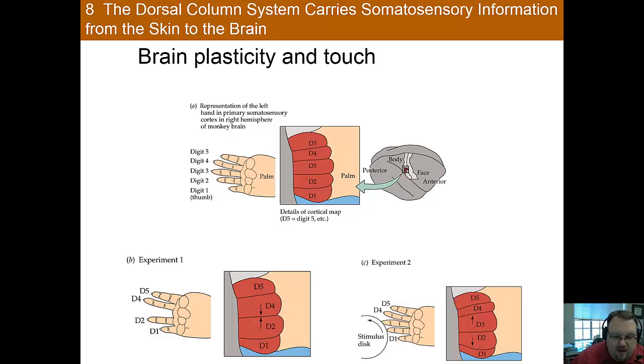In a related study, they had monkeys trained to have two fingers touch a disc in order to obtain a reward. And what was interesting is that you actually had a similar change. The two fingers that had to touch the disc showed increases in the brain region associated with the touch.